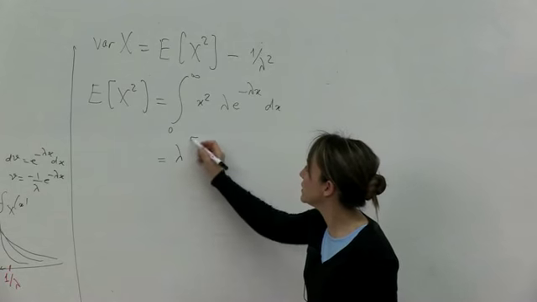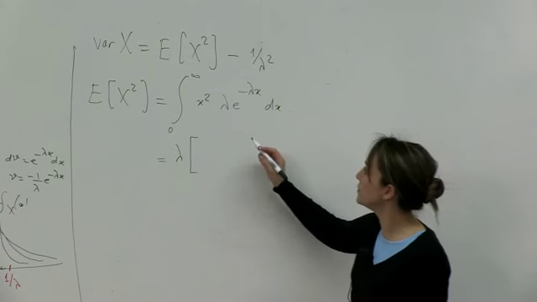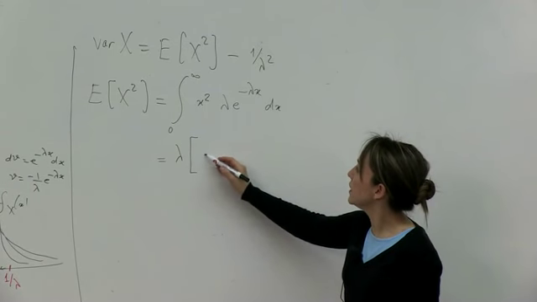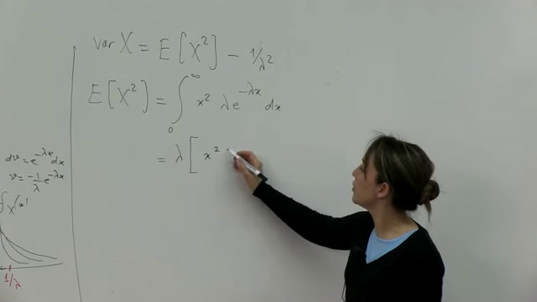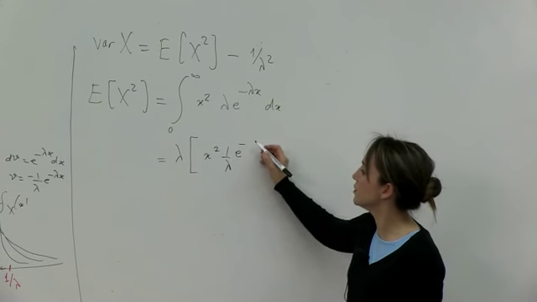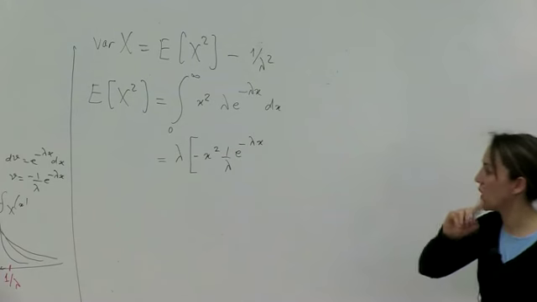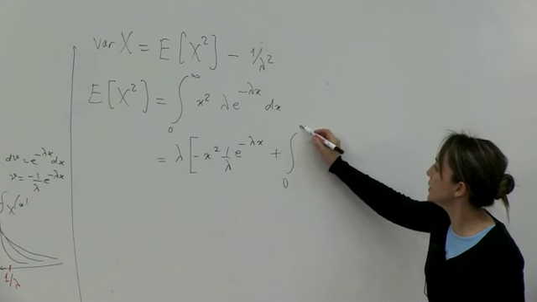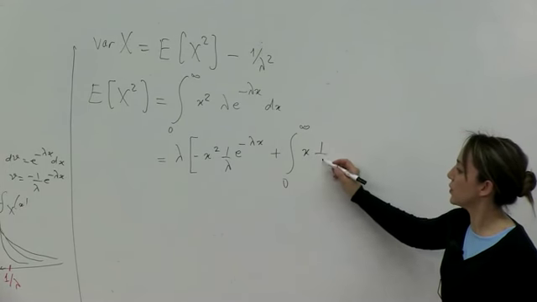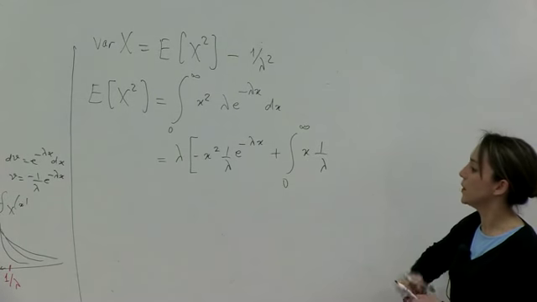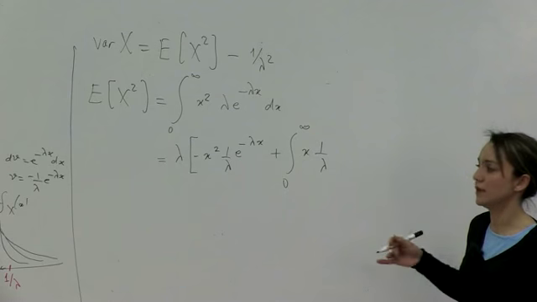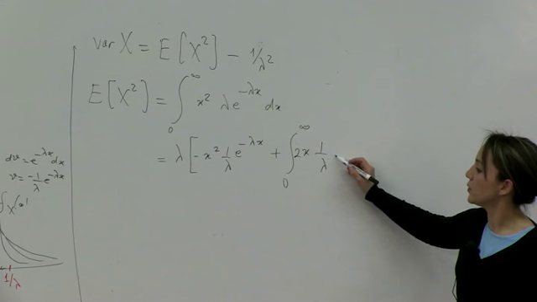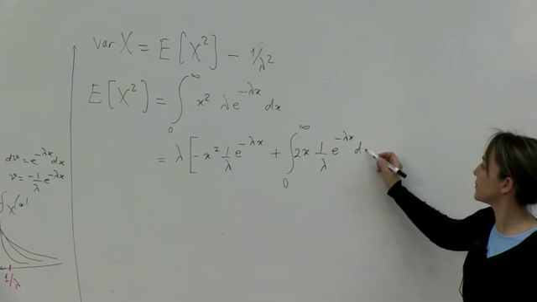So it's lambda times, well, this time it's x squared times minus 1 over lambda e to the minus lambda x, plus the integral from 0 to infinity of, let's see, du is 2x dx, right? 2x times 1 over lambda e to the minus lambda x dx.